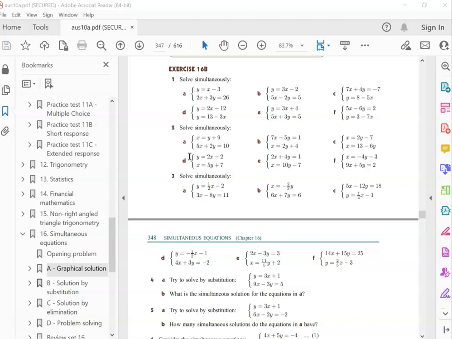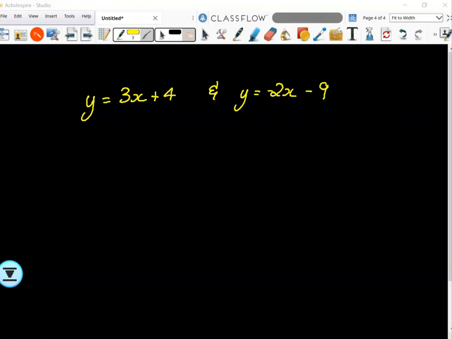Does the system change? No, I would argue it is still substituting in. You've got y equals this, so why don't you substitute it in here? You'll have 3x plus 4 equals minus 2x take 9. Is that something that you can all solve? Absolutely. You could do it the other way as well. Get your x's on one side, non-x on the other, you go. So it is all the same.